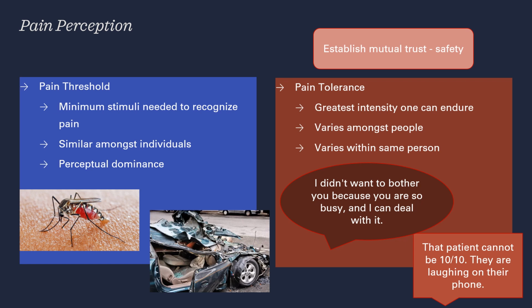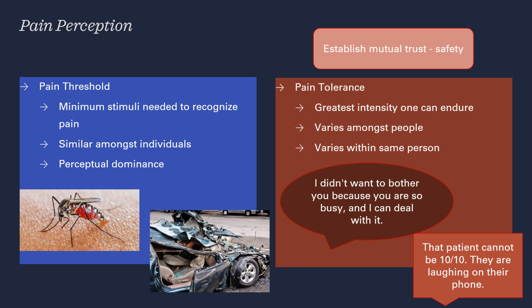You only begin to recognize the presence of the mosquito when the bite goes deep enough to stimulate a nociceptor, or when the inflammation builds up to a point of detection. This is similar amongst most individuals. So most people do not feel the initial bite or the mosquito landing, but it takes a little bit of time for them to detect that pain from a mosquito bite.